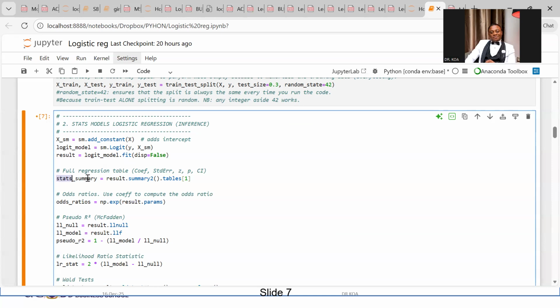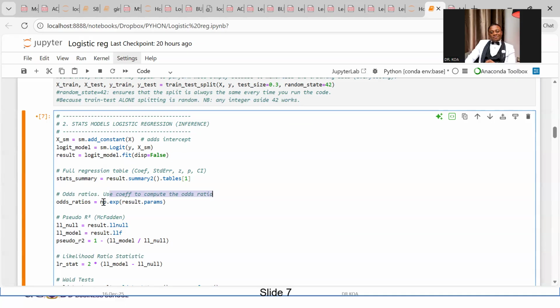And call it star summary. And it should come from the results you had from the logit model above. Next, I want you to also give me the odds ratio. Last time we looked at the odds and the odds ratio and the log of the odds. So I want you to give me the odds ratio. And I want you to use the coefficient to compute the odds ratio.